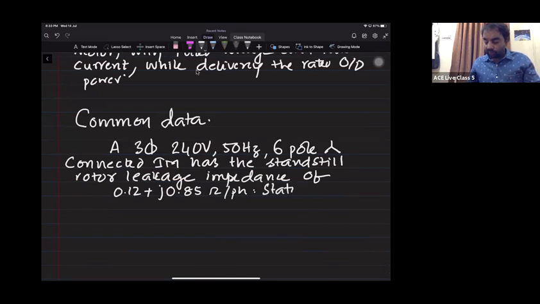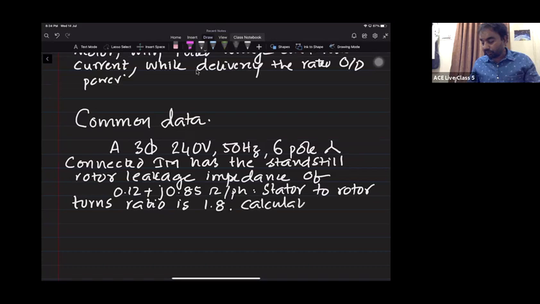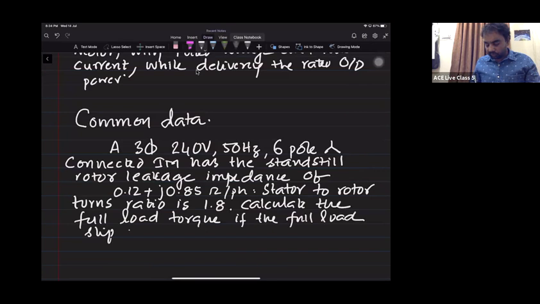Stator to rotor turns ratio is 1.8, right? Calculate the full load torque if the full load slip is 4%. Do it as a homework.